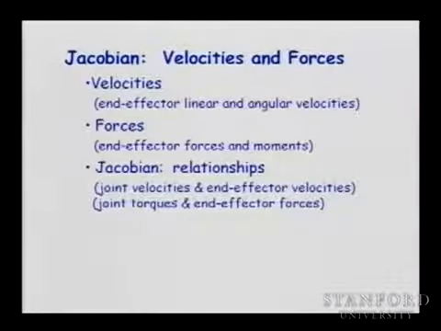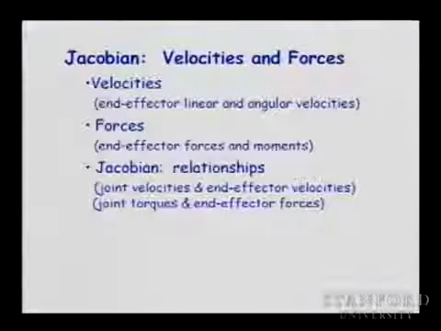And we will examine the different velocities, linear and angular, with which we will see a duality with the relationships between torques applied at the joints and forces resulting at the end effector. Forces are associated with linear motion, moments or torques with angular motion.